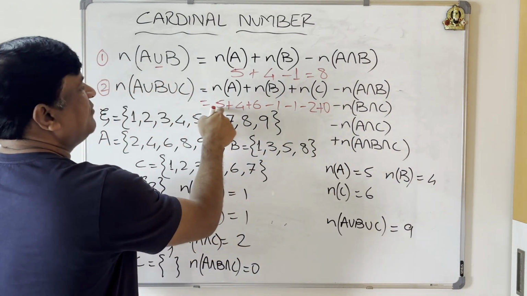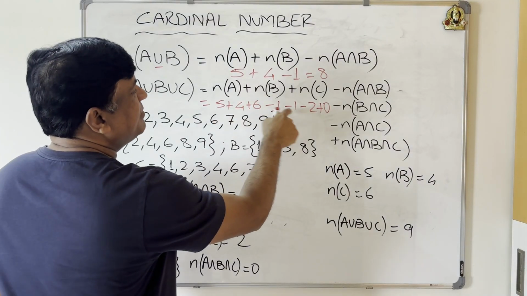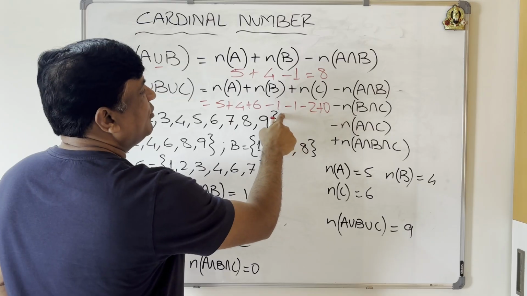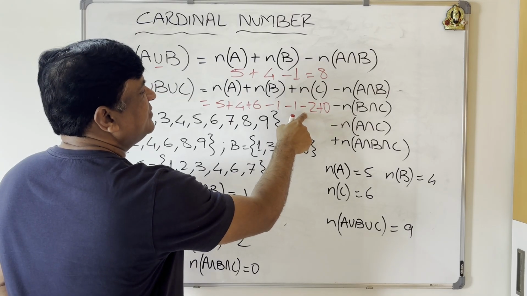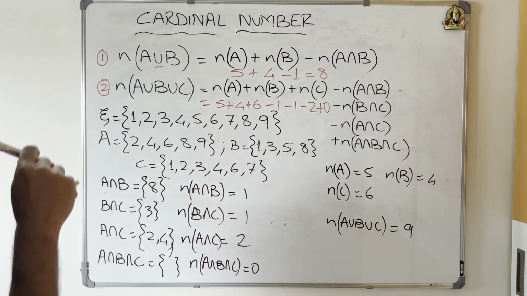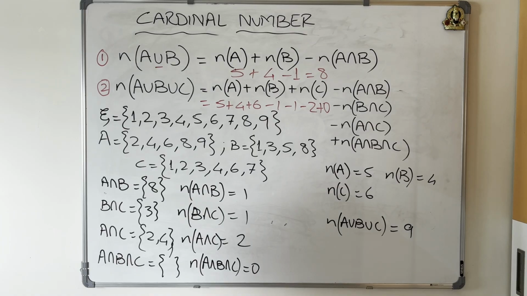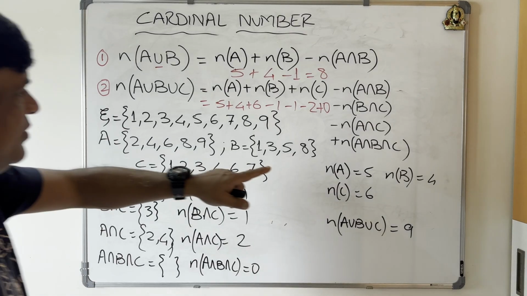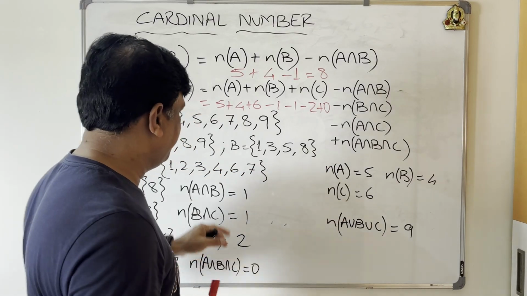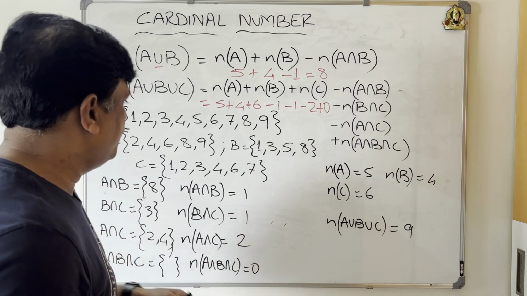Add all of them. 5 plus 4 is 9. 9 plus 6 is 15. 15 minus 4 is 11. How did we get 11 over here? 5 plus 4, 9. 9 plus 6 is 15. Minus 2, 11.